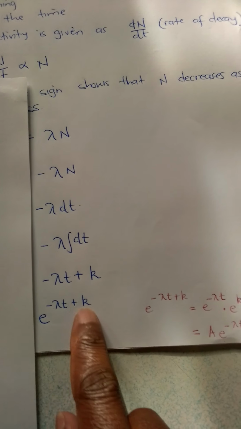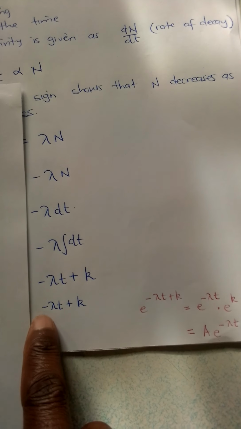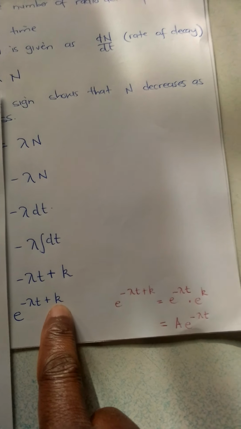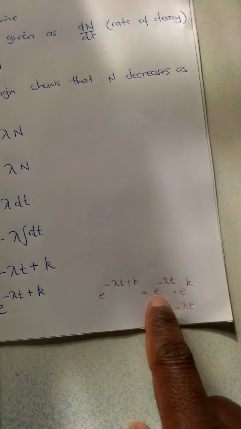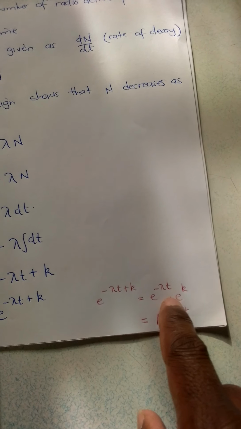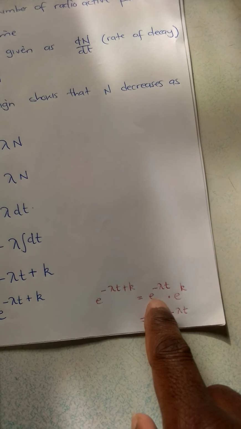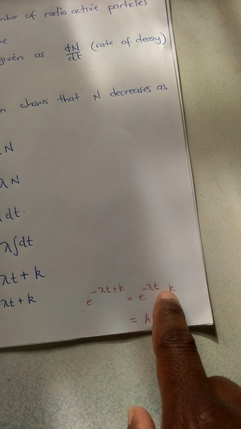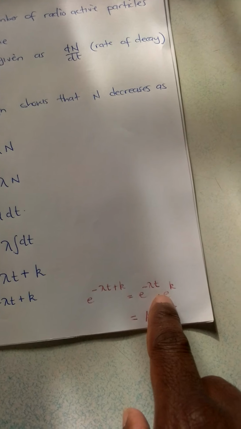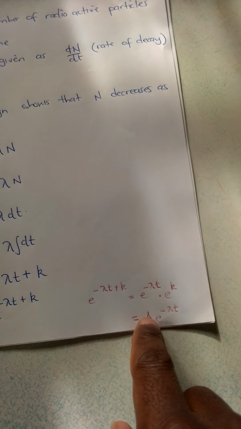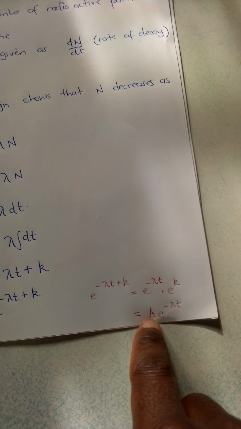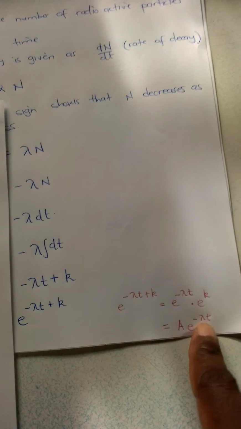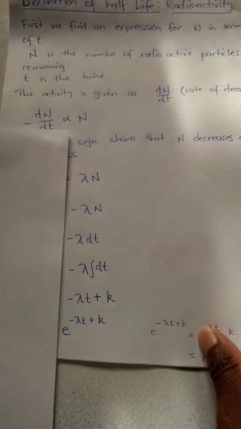Now I can express this in a different way. This is e to the power minus lambda t times e to the power k, using the laws of logarithms. I expressed each term with its base, e to the minus lambda t and e to the power k, but e to the power k is just another constant that I'm multiplying, so I made it a.